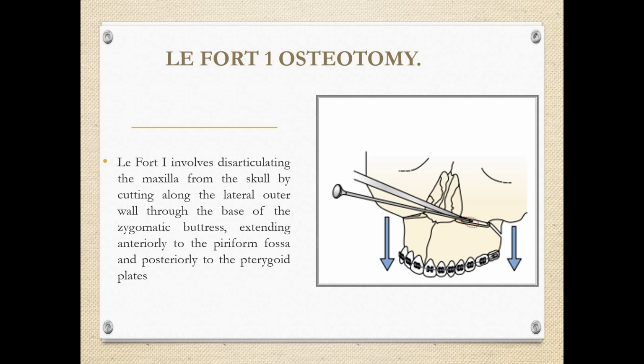The maxilla can be moved forwards or upwards by anything up to 10 millimeters, and these movements are generally stable. Backward repositioning is also possible, but the changes that can be achieved are less, at around 5 millimeters. Inferior repositioning of the maxilla is notoriously unstable and generally avoided.